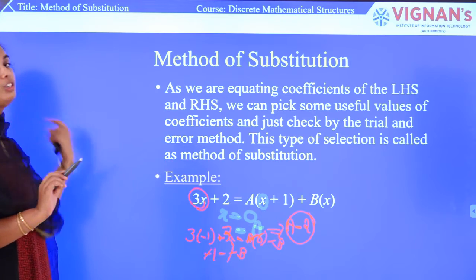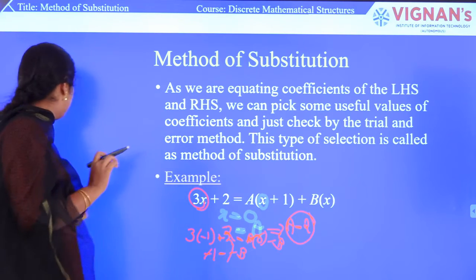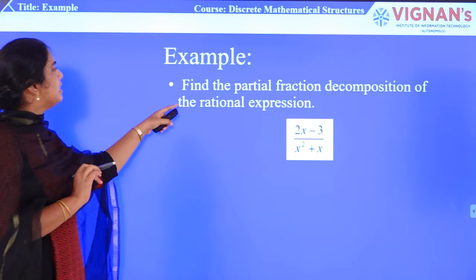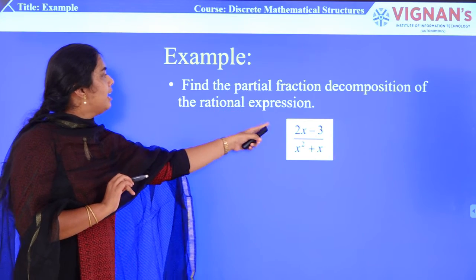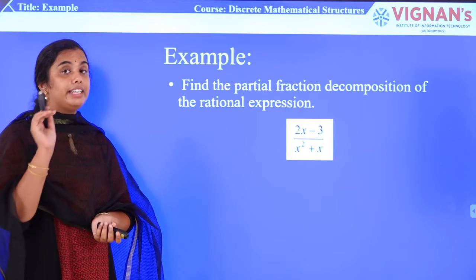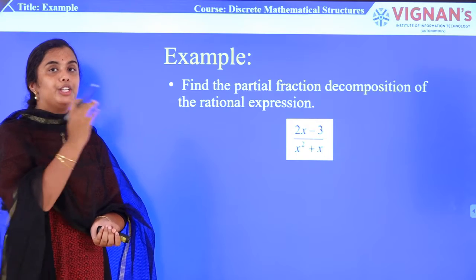Okay, this is about the method of substitution, which is nothing but the trial and error method with the variable x. And this is the problem, guys. I am asked to find the partial fraction decomposition of the rational expression. A rational expression is one where the highest power of the denominator is more than that of the numerator.